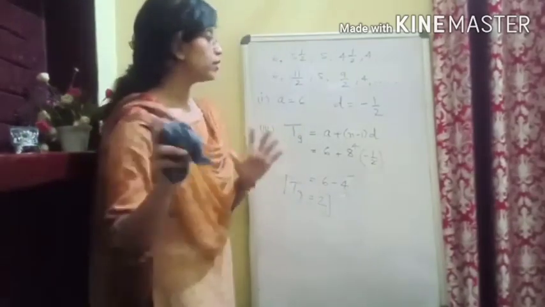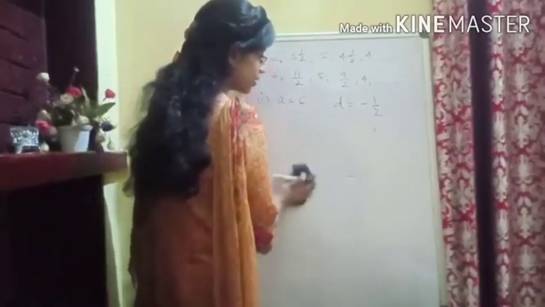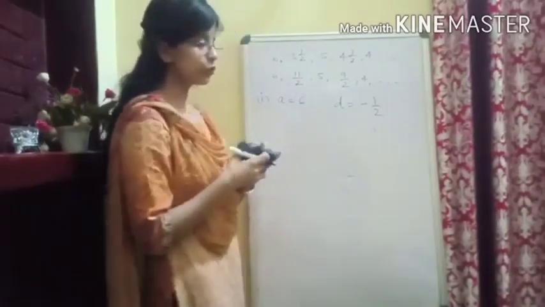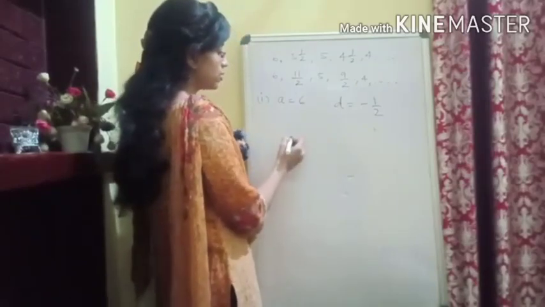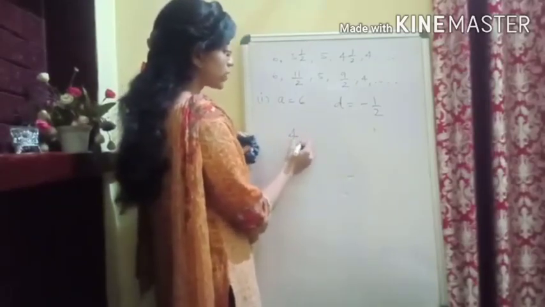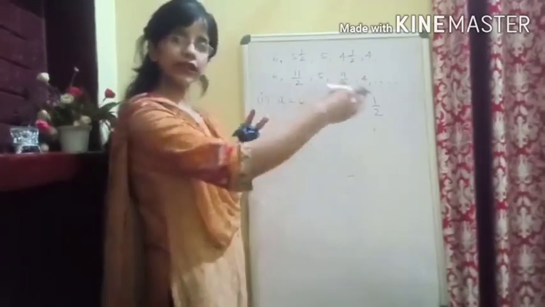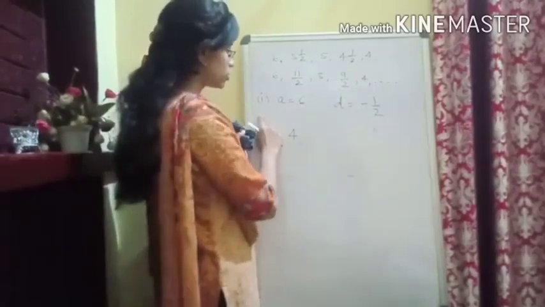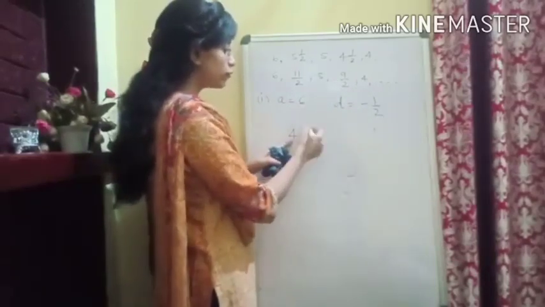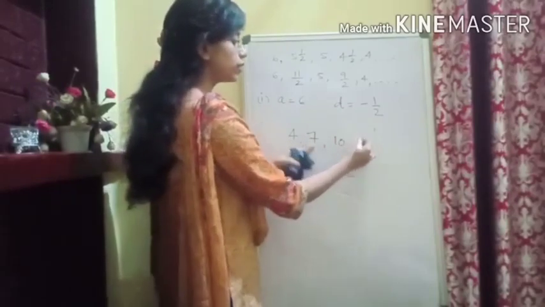Is it clear? Now I want you all to see one thing. If I tell you that the first term of a sequence is 4, and I tell you the common difference is 3, can you write the sequence? Yes, every time we have to add the common difference. So first is 4, next would be 4 plus 3, 7, next will be 10, next will be 13.